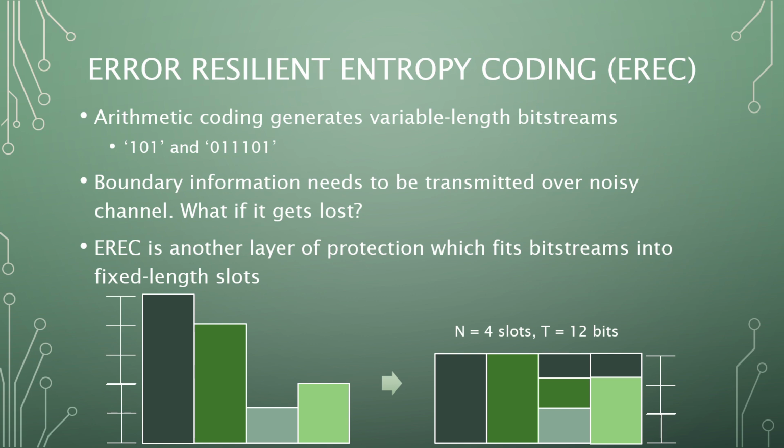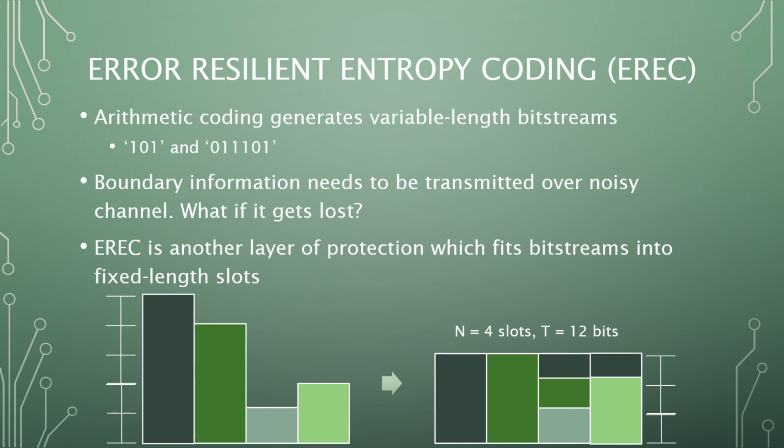If that gets lost, then it doesn't even matter that you have very good error resilience in the arithmetic coding. It doesn't know where its particular code word starts or ends.